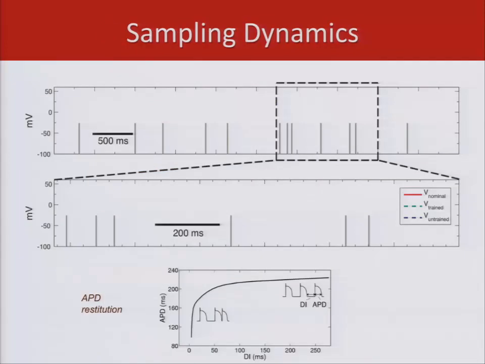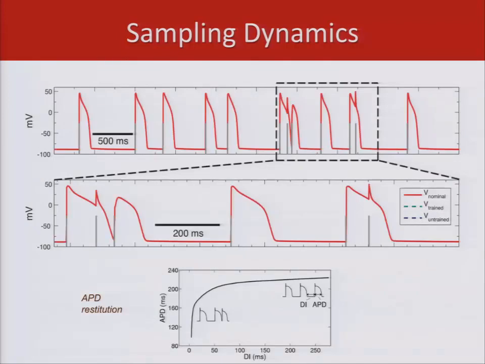So here, we developed the approach involving stochastic pacing to sample the dynamics, where instead of having the traditional static train, we're applying random diastolic intervals. What that looks like is here, where we're having long beats followed by short beats.